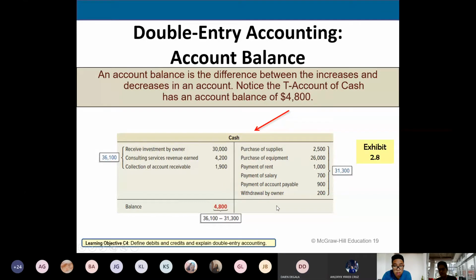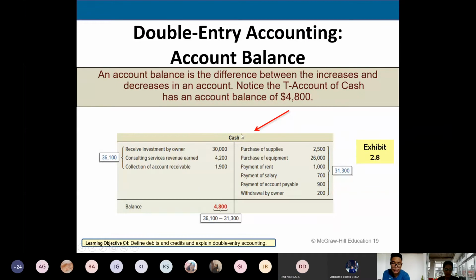Debit balance. Tama. Pag mas malaki ang credit sa debit, credit balance. At pag equal yung dalawa, we have zero balance. Okay? You get it?